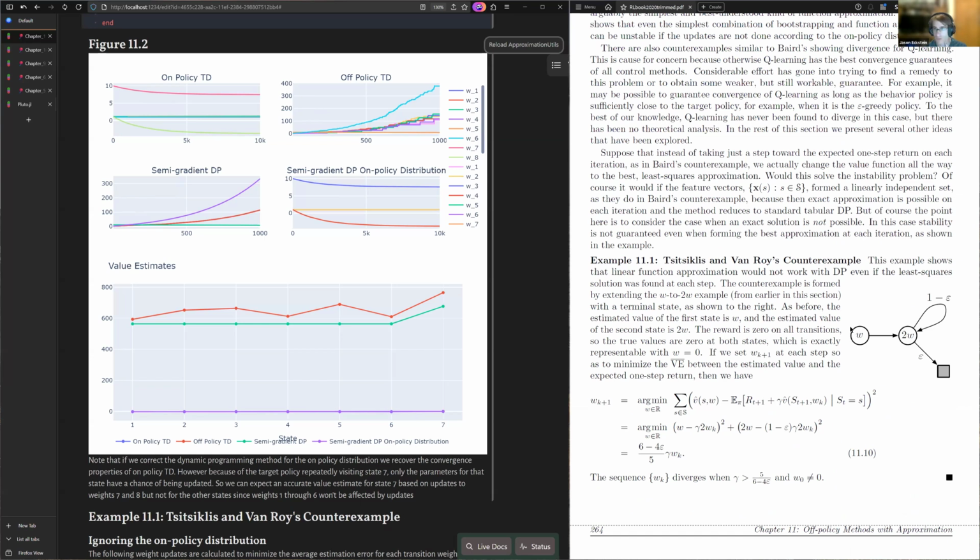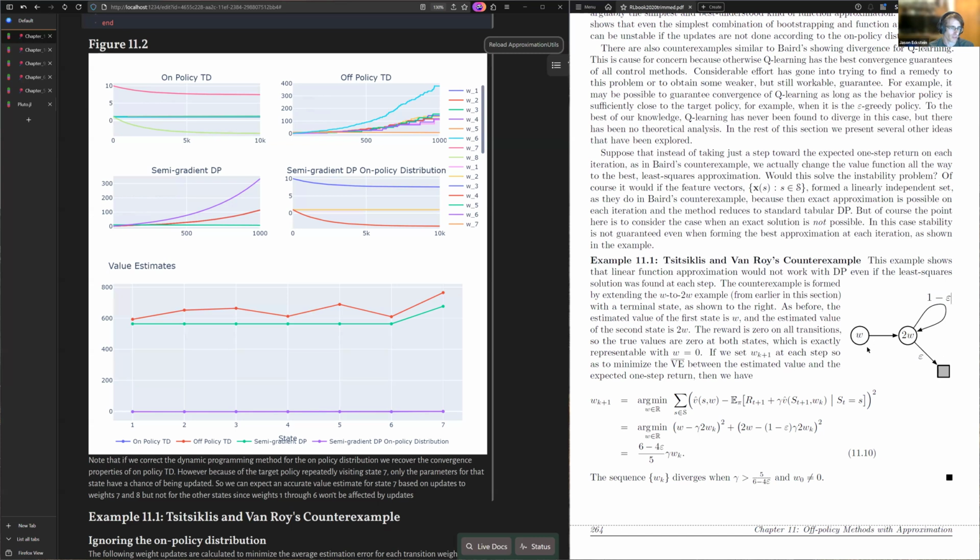And this is also an episodic problem because of the presence of this terminal state, so it will always terminate in a finite number of steps. If you start here, you transition into this state, and then there's a probability epsilon of transitioning to the terminal state, and a probability 1 minus epsilon of returning to this state.